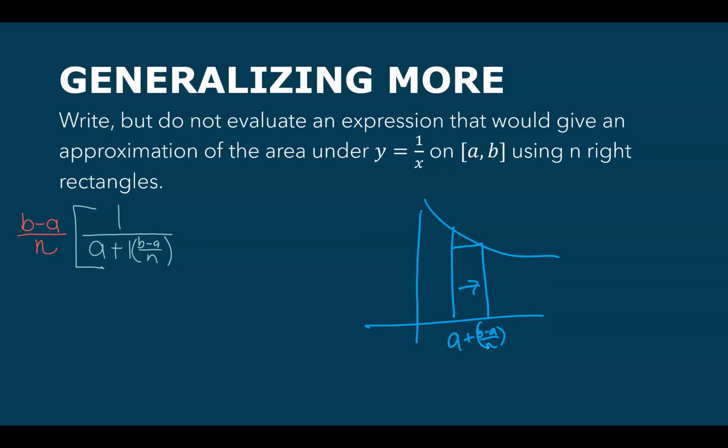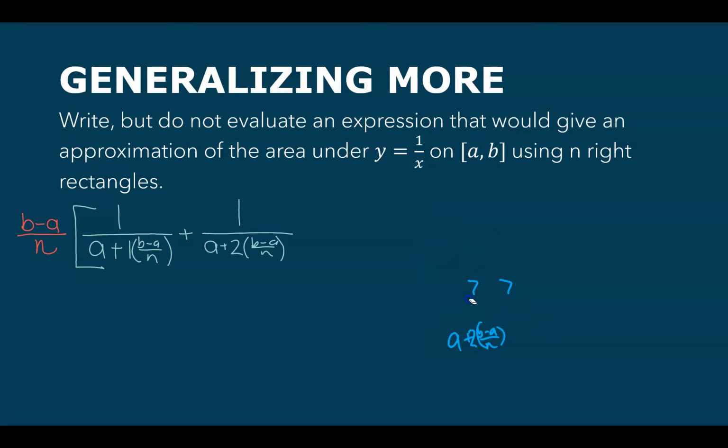Where are we going to find the next height? It's 2 widths away from that left-hand endpoint. So the next term is 1 over a plus 2 times b minus a over n. And again, that denominator is just left endpoint plus 2 widths.